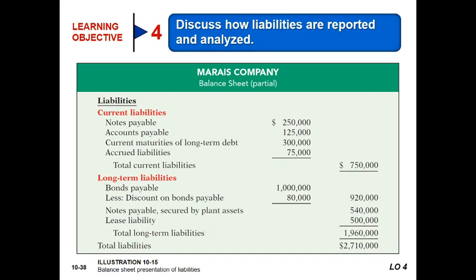However, as we roll into the final portion of that term where they would be due within the next year, they would be part of your current maturities of long-term debt or current maturities of bonds payable. As we have talked about with the notes payable, part of it may be current and part of it may be long-term, depending on where you are sitting in that term.